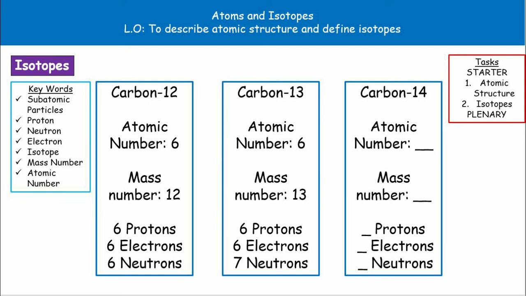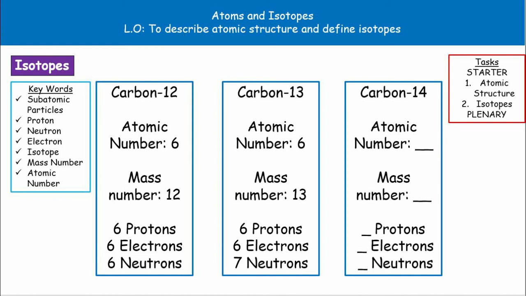So carbon will always have an atomic number of 6. The mass number though, that's the bit that's changing. And we can work it out by looking at the name. So up the top where it says carbon-12, then the 12 is the mass number. So obviously the mass number for carbon-12 is 12, the mass number for carbon-13 is 13.